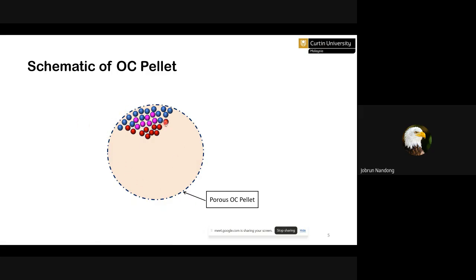So these grains can be of different types. It could be iron or magnetite, or it could be hematite. This one, let's say, could be hematite. Okay, the blue one could be magnetite. This purple one could be FeO. Okay, different types of grain inside this pellet.